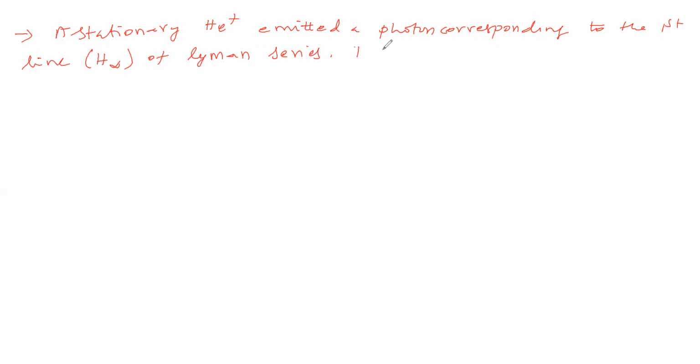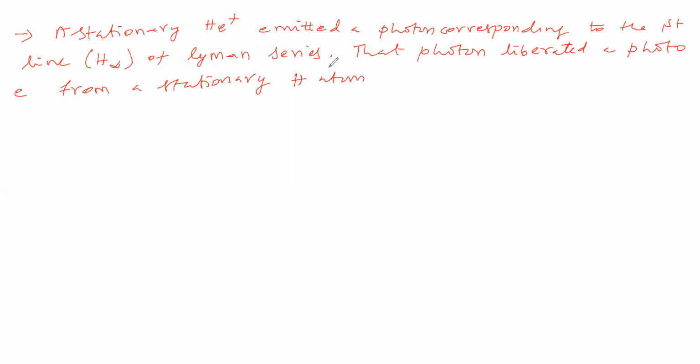That photon liberated a photoelectron from a stationary hydrogen atom in the ground state. What is the velocity of the photoelectron?